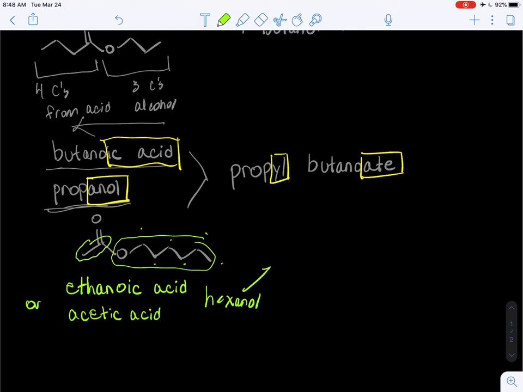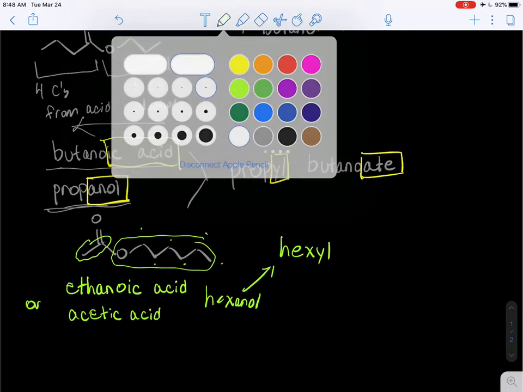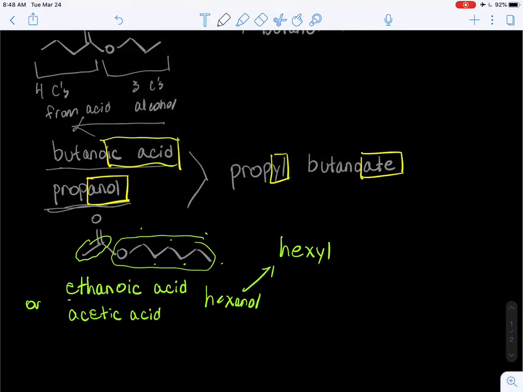So we start with the alcohol, and it's going to be called hexyl. And then we switch over to the acid, and we're going to chop off the oic, right? And it's going to be ethanoate. We chop off the ic acid only part. Okay, ic acid.